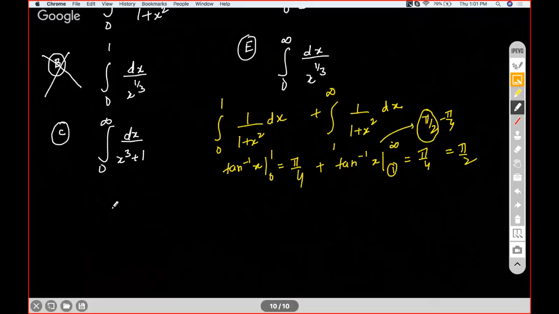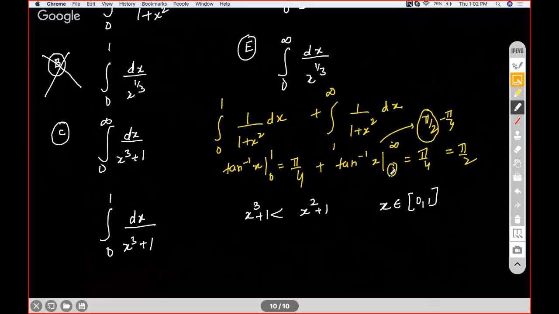Now I can do it in the interval 0 to 1 if you break it. We know that x cube will be lesser than x square in the interval 0 to 1. So this will be lesser than this. But the reciprocal will be greater than that.